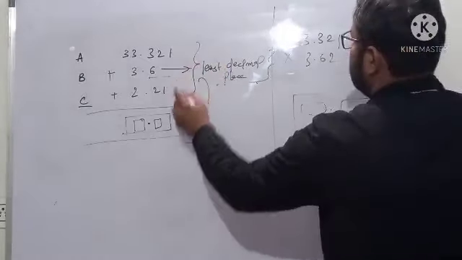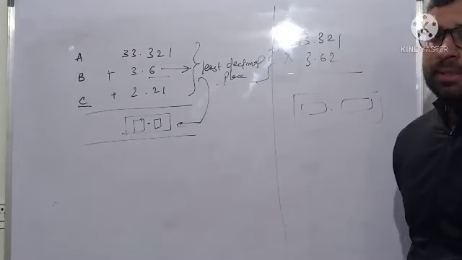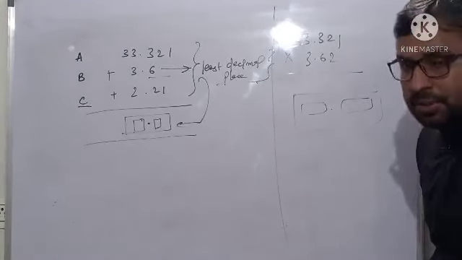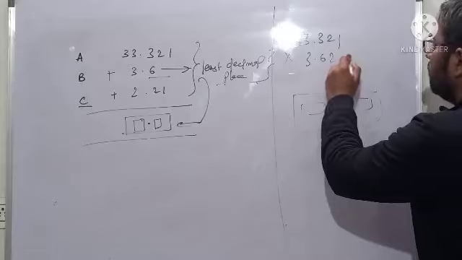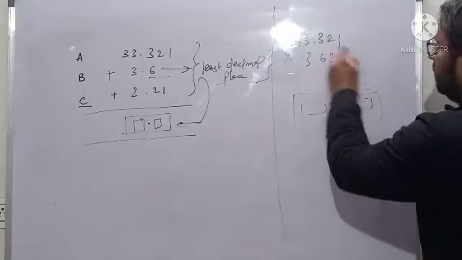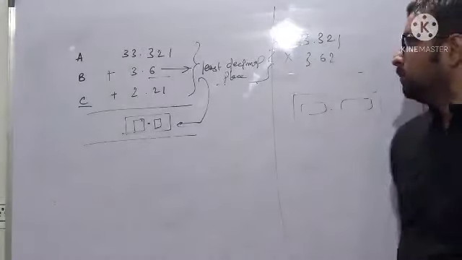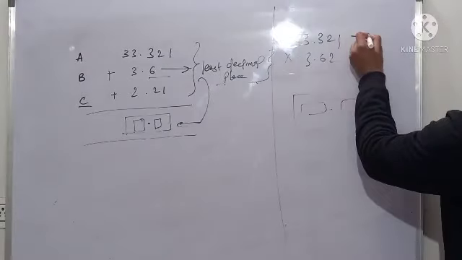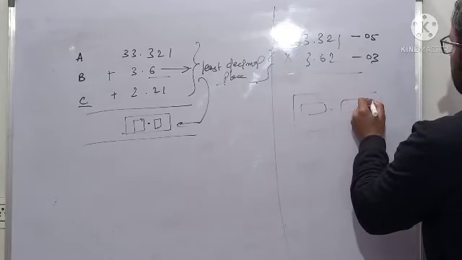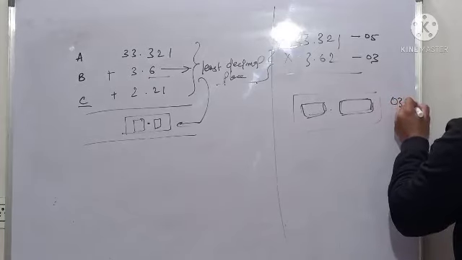In addition and difference we focused on the least decimal places, but in product and division we focus on the number with the least significant figures, and the same number of significant figures will be applicable for the final calculated value. This has 5 significant figures, this has 3 significant figures. So the value which we will get here will have 3 significant figures.